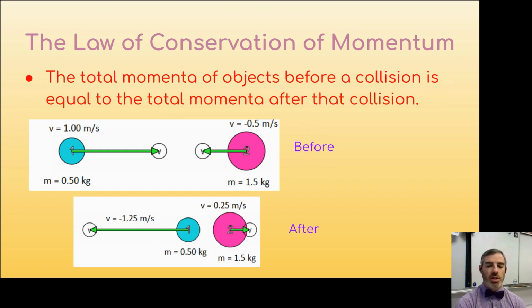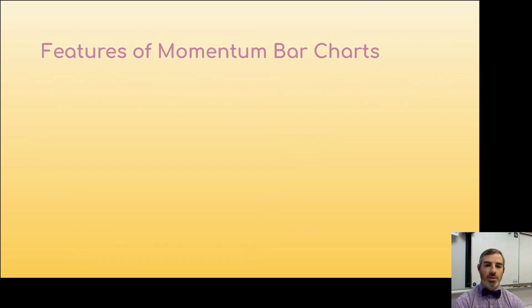After the collision, they move off in this manner, and we can find the total momentum of both objects by multiplying mass times velocity, again taking into account that sphere 1 has a negative velocity and a negative momentum. So here are momentum bar charts and how we draw them.